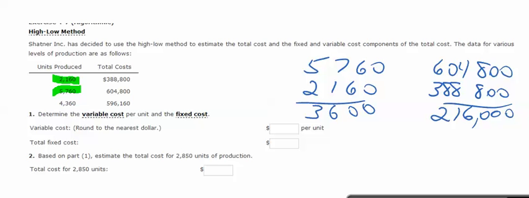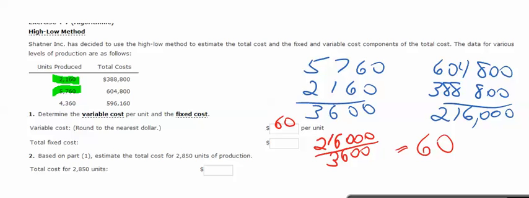So I'm going to take the 216,000, divide it by 3,600, and it looks like it's $60 per unit. So my variable cost is going to be $60 per unit.